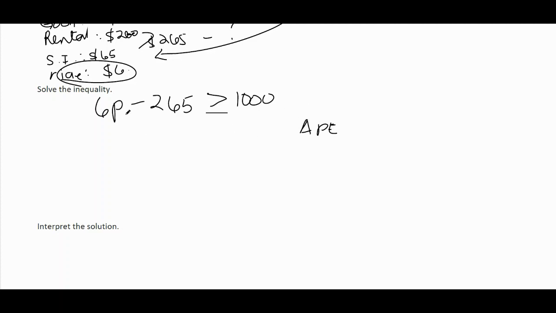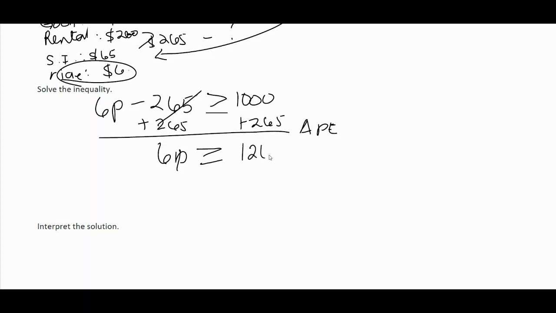Why did we use addition? Basically because this is subtraction and that is its opposite. So we're going to add 265 here, add 265 there. So we cancel, bring down 6P is greater than or equal to 1,265. Now, what is our next step?